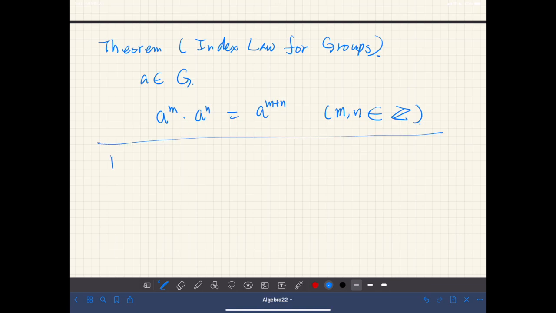Okay, let's prove this. When m and n are both non-negative, then we have done that before, so it should be okay. So if both m and n are non-negative, then it is already proved.